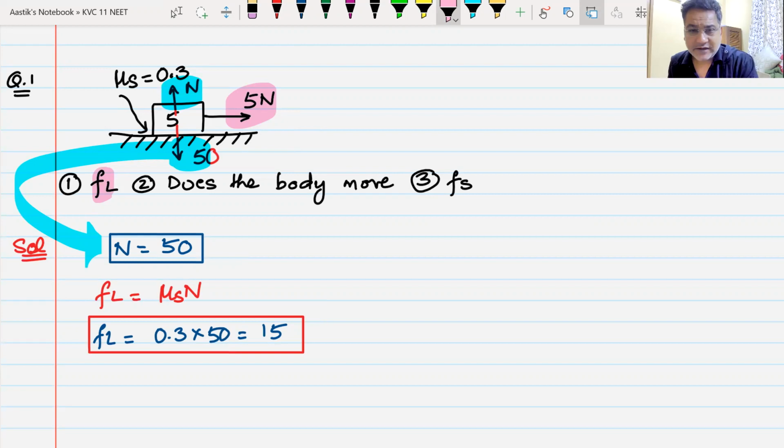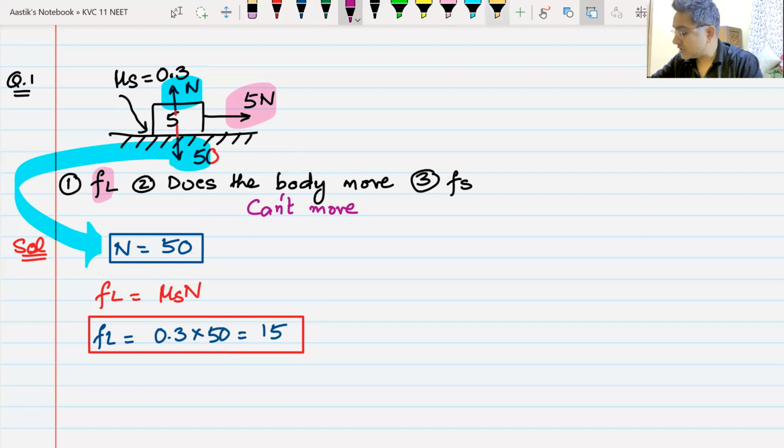I have found out the value of limiting friction as 15 newtons. Can the body move? The body cannot move because the applied force of 5 newtons is very less compared to 15 newtons. The body cannot move because the applied force is less than your limiting friction.